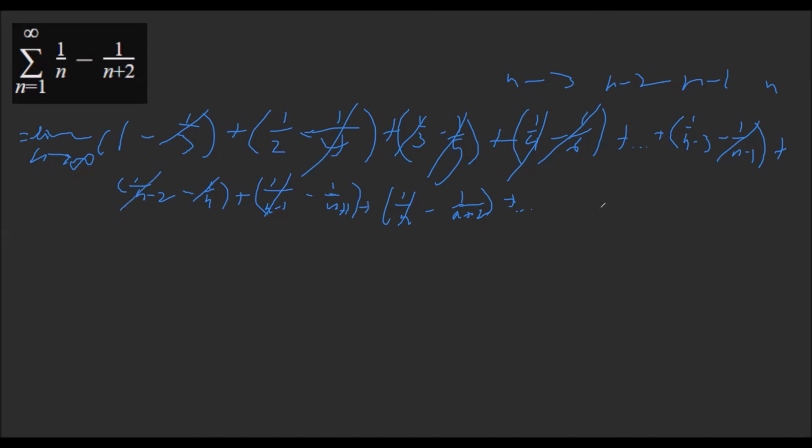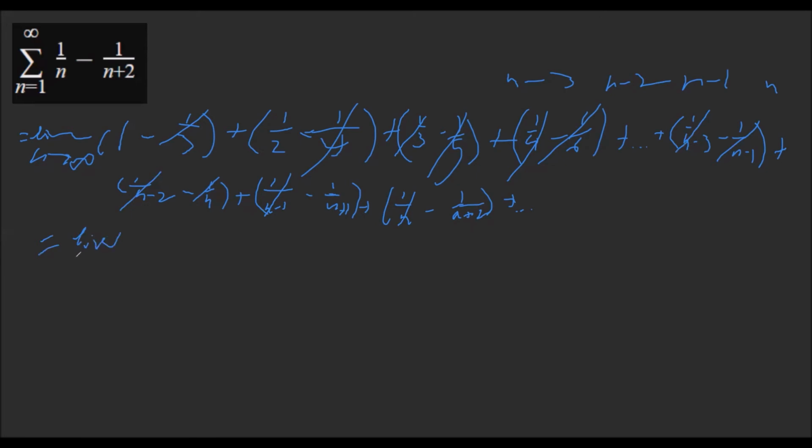Although we haven't depicted it here, if we were to expand this one more term, then we would see it. 1 over n minus 3, again, we will have to cross this out because there is a negative 1 over n minus 3. It's just not seen here. I believe the sixth term will feature negative 1 over n minus 3. So we're really left with only 4 terms left.